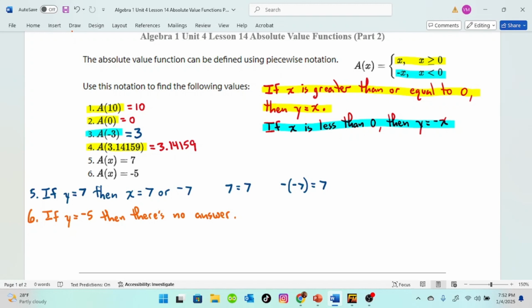And in number 5, we showed whether x was positive or negative, we still get a positive answer. So the reason that 6 has no answer is because it doesn't matter whether you put a positive number in for x, a negative number in for x, or 0 in for x, there's no possible way to get a negative number in for y.